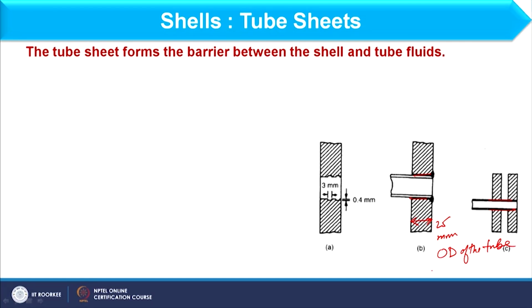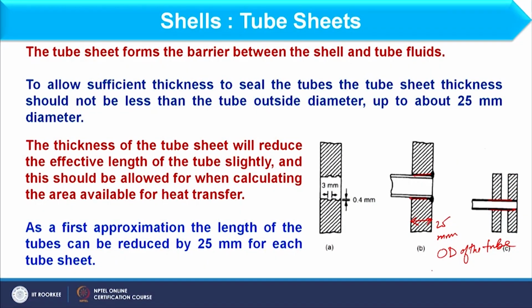So, how can we decide tube sheet thickness? Tube sheet thickness is at least 25 mm as long as the OD of the tube is less than or equal to 25. If the OD of the tube exceeds 25, tube sheet thickness should be equal to the OD of the tube, right. So, this also you will consider in designing, so that it will be clear to you.